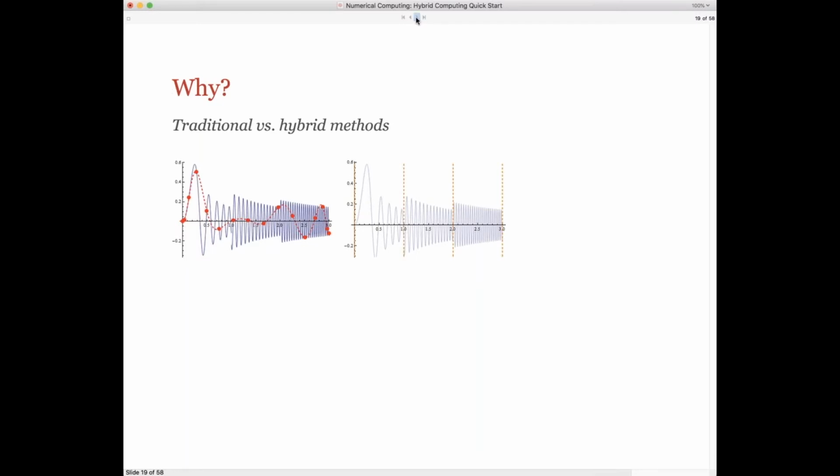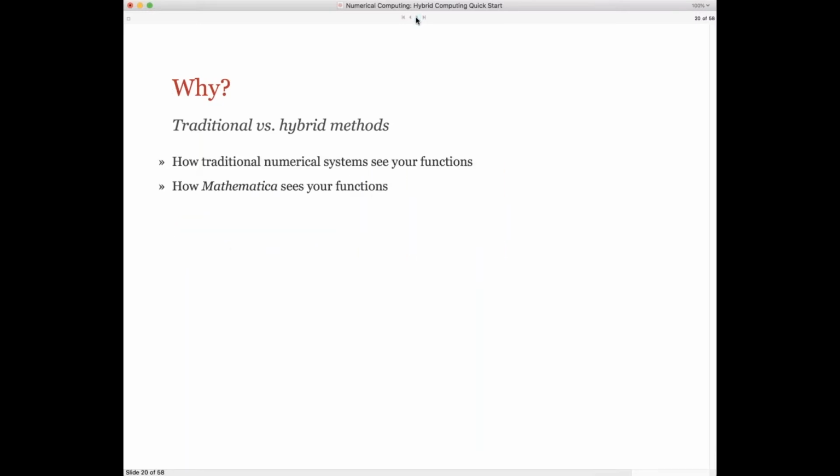Now, why is a hybrid symbolic numerical method useful? I'm going to explain this by comparing the way traditional numerical systems view a numeric problem with the way Wolfram Language views the same problem.